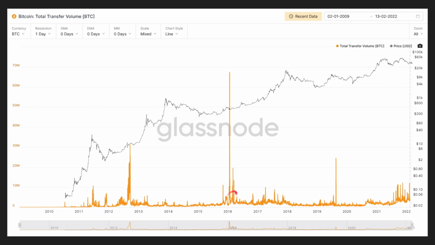We have seen high amounts of transfer volumes spike, particularly in 2012, and resulting from that, we do see an increase. In 2016, we see an extreme spike, and resulting from that, we do see another increase, right? So Bitcoin was about maybe $100, and it reached a high of maybe about $300-400. So that is an increase.